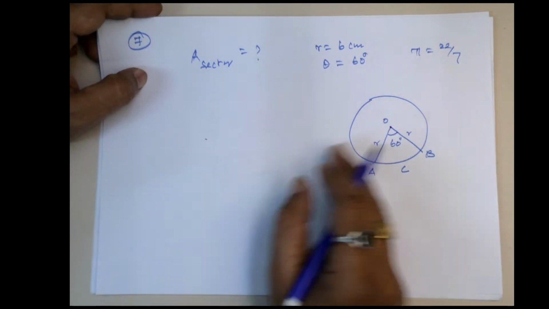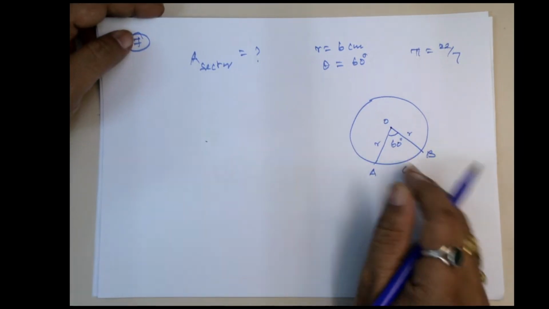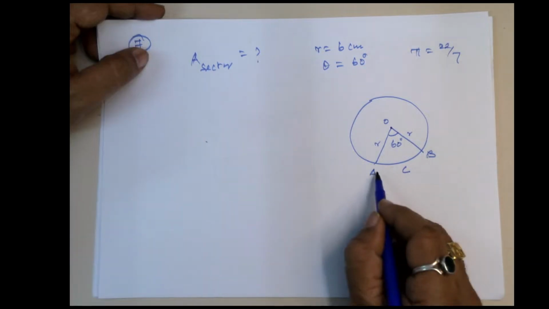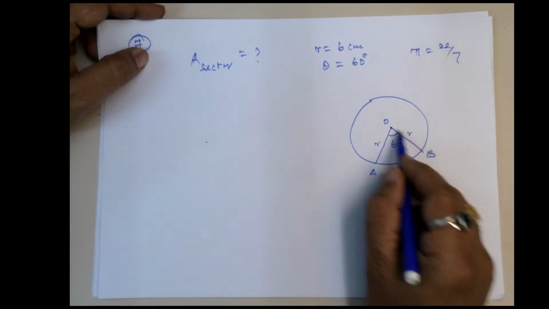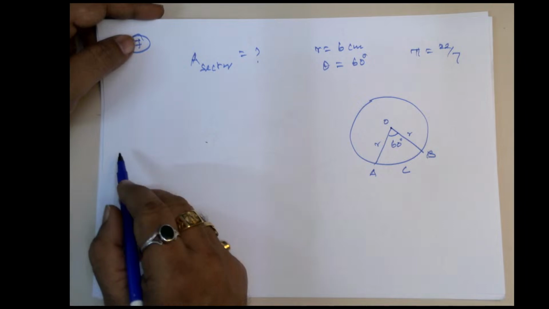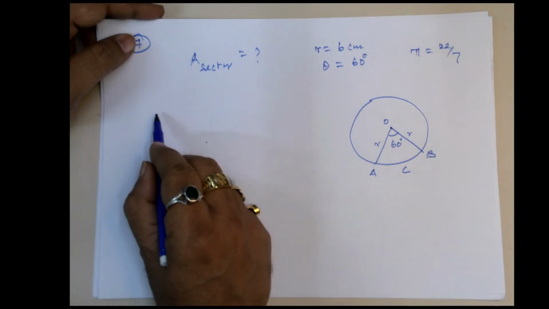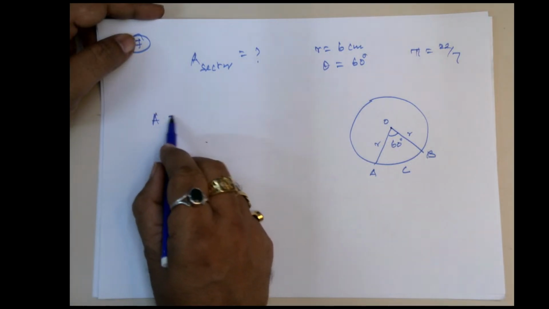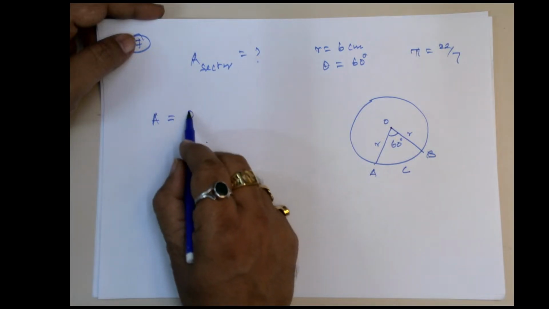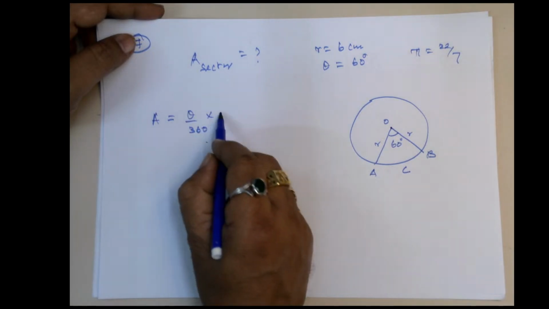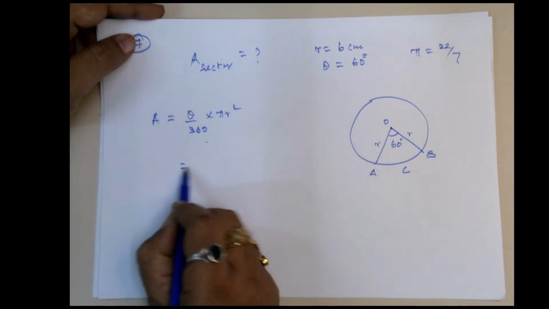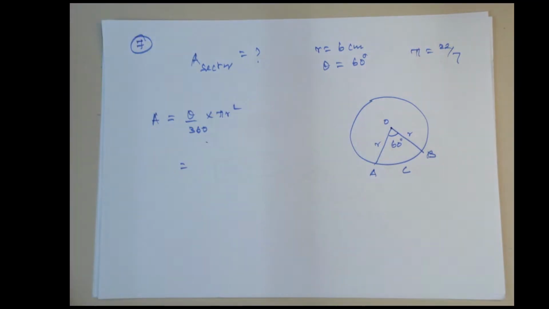So you are supposed to find out the area of this minor sector, that is OACB. Now the area of the sector is equal to theta divided by 360 into pi r square. You can simply substitute and get the answer.